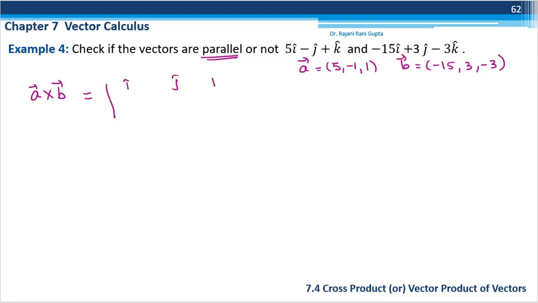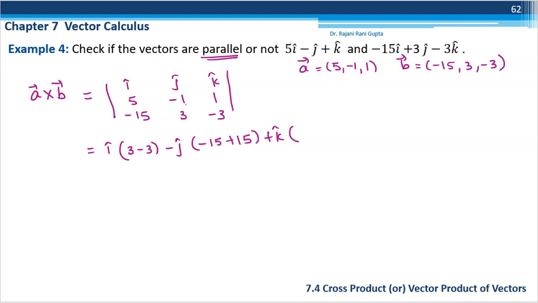i, j, k. This gives you 5, minus 1, 1, minus 15, 3, minus 3. Solving in the same way, what you will get, I'm writing here directly, 3 minus 3. For j, you get minus 15 plus 15, and with k, if you do the calculation, you will get 15 minus 15.